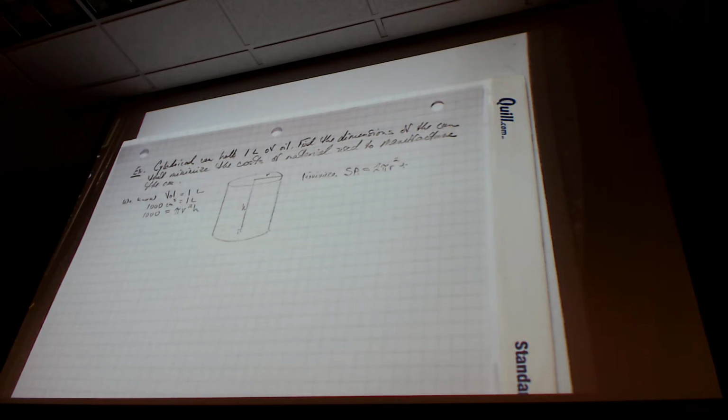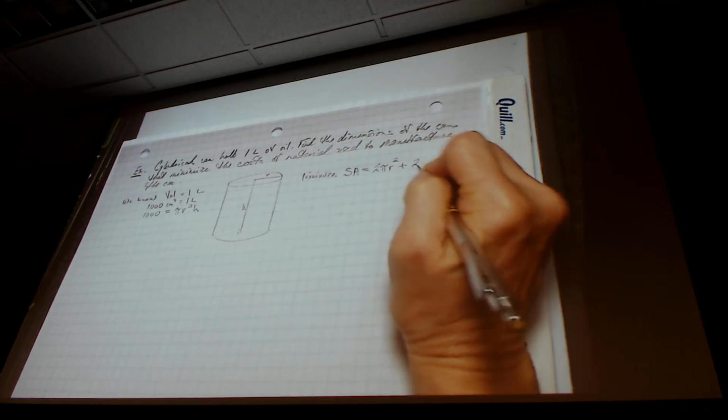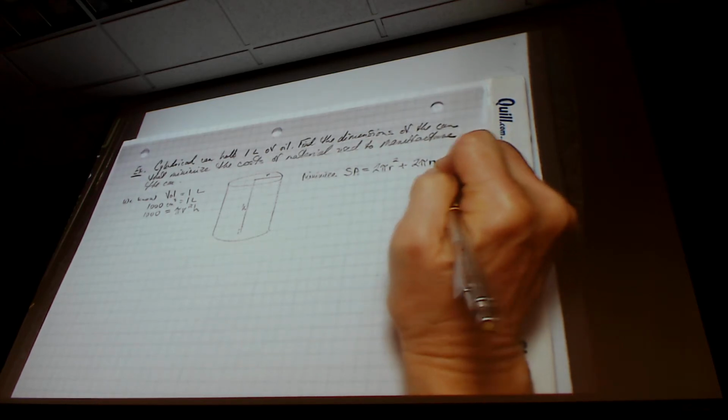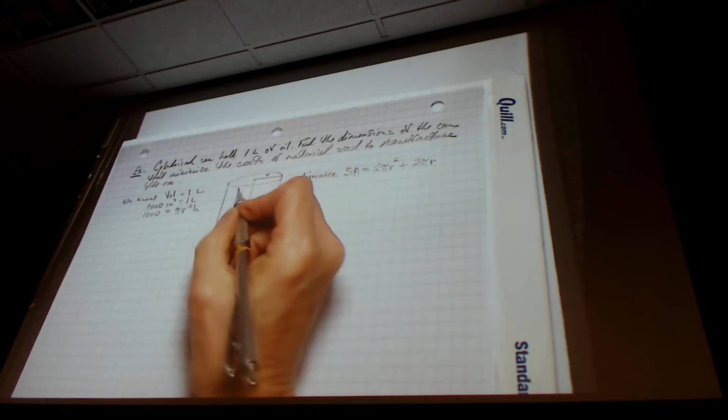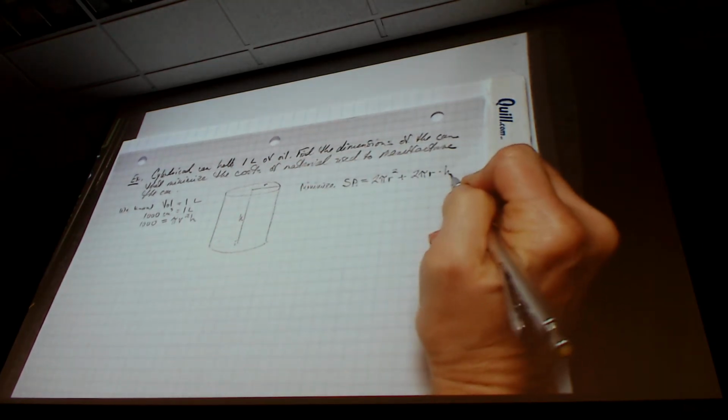What's the circumference of a circle? 2 pi r, yes. So 2 pi r is the circumference, that's the distance around, and then times h, right?